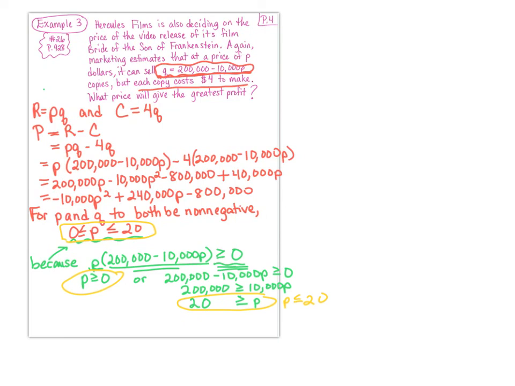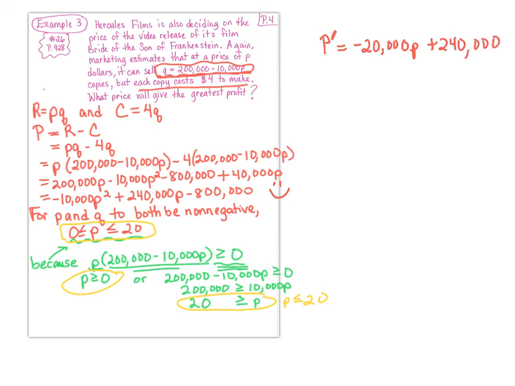All right, since we're maximizing our profit, let's find P prime. P prime is equal to, remember, smiley face is our P. Now we need to differentiate P. Well, differentiating P gives us negative 20,000 P plus 240,000.